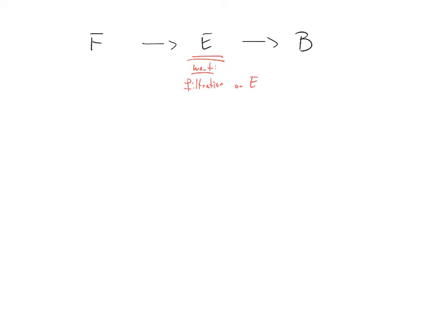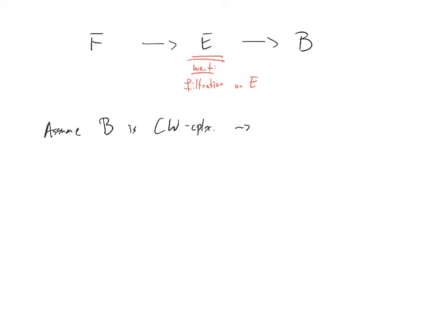And so what you do is you assume B is a CW complex. And by CW approximation, that's pretty easy to do, or you could replace it by something that looks like one.